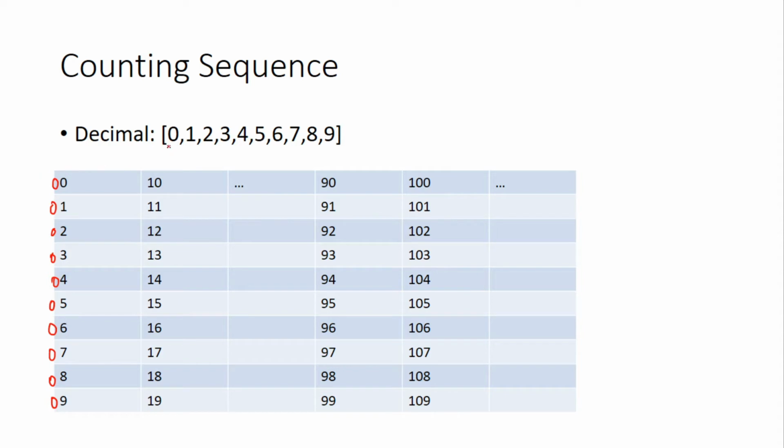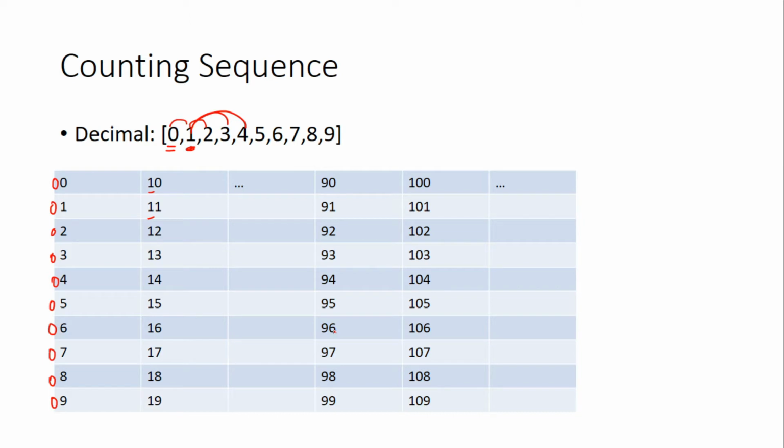So what we're doing is using the first digit, and then making all the permutations with the rest of the digits. So we have 00, 01, 02, 03, 04, and after we have exhausted all these permutations starting with 0, we move to the next digit, and then we write all the permutations back again. So 10, 11, 12, 13, 14, and so on.